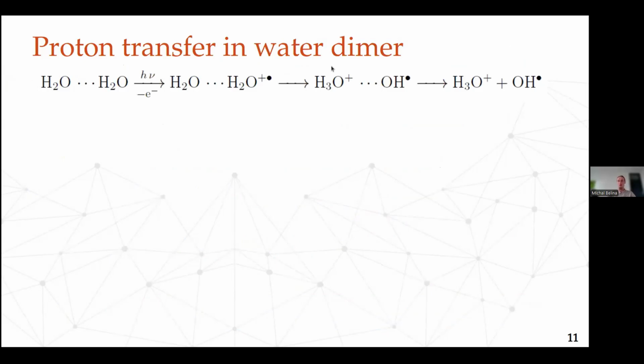This is the whole scheme of the reaction that was considered. The experimental colleagues prepared the water dimer, a molecular beam of water dimers, collided with a beam of photons. This causes an electron to be emitted, and subsequently the reaction was observed.